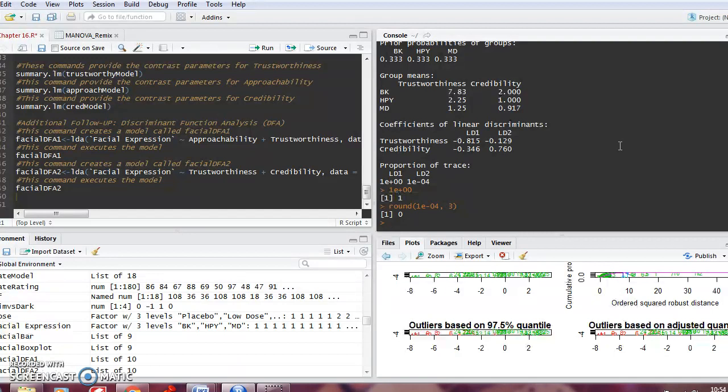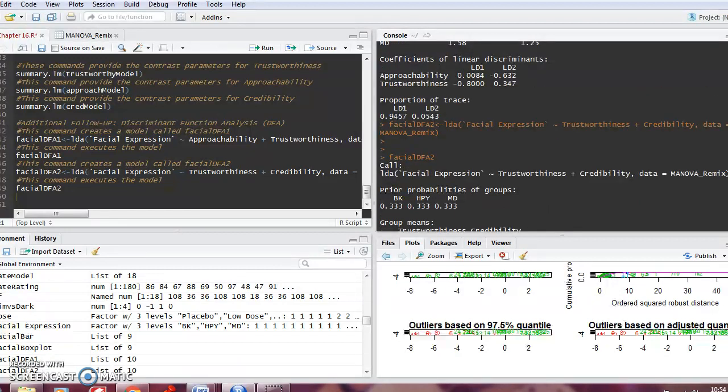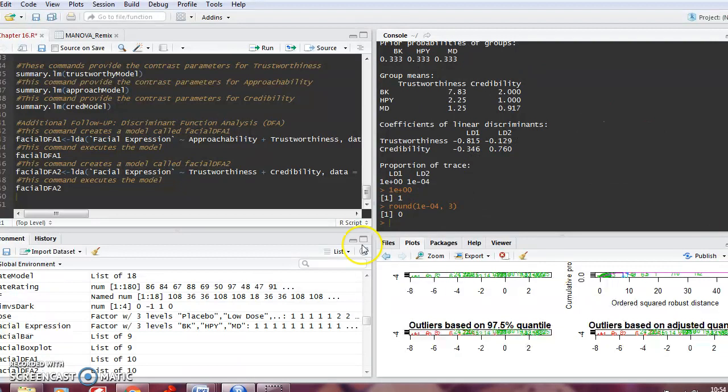That's interesting to see. Let me make sure I'm looking at this correctly. Okay, so essentially, what this suggests is that our first variate accounts for 100% of our variance compared to the second variate, which accounts for nothing. This is kind of interesting. How can I explain this?